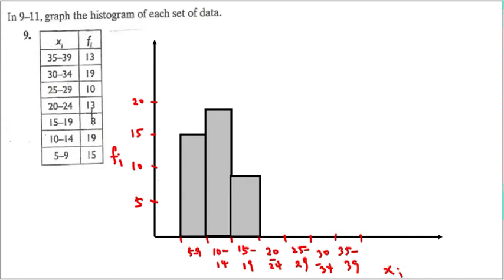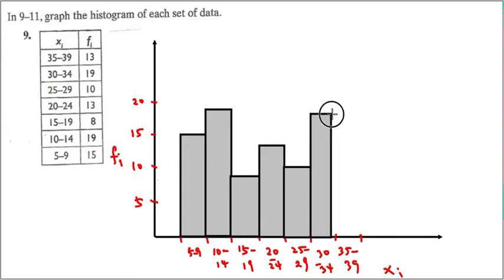Okay, next one is 13. That'll be more than half. Okay, and then next one is 10. Next one is 19, about the same as the second rectangle. And the last one is 13.